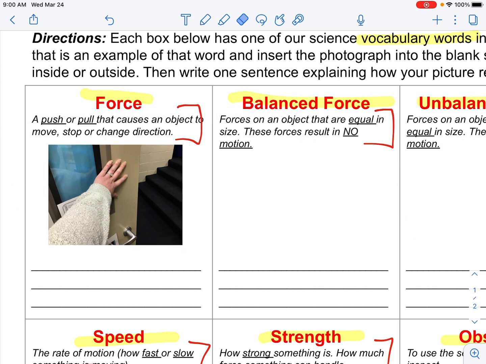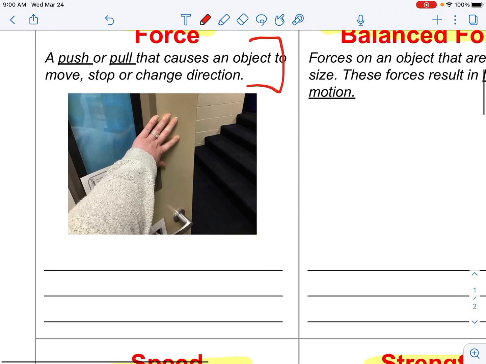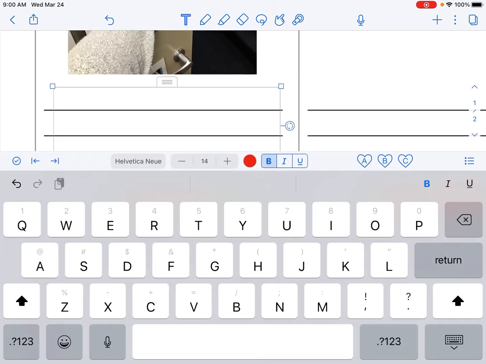So you can see that I have now inserted my photo, and this is a picture of me pushing open my classroom door. And I know a force is a push or a pull that causes an object to move. So I can write on my lines for my sentence, or I would actually probably type it. Make sure your font is small enough.